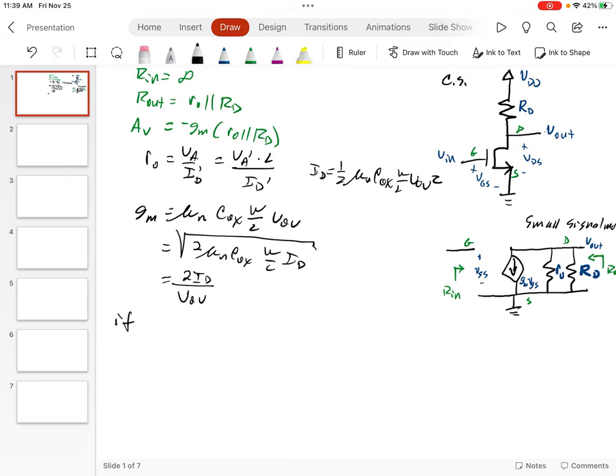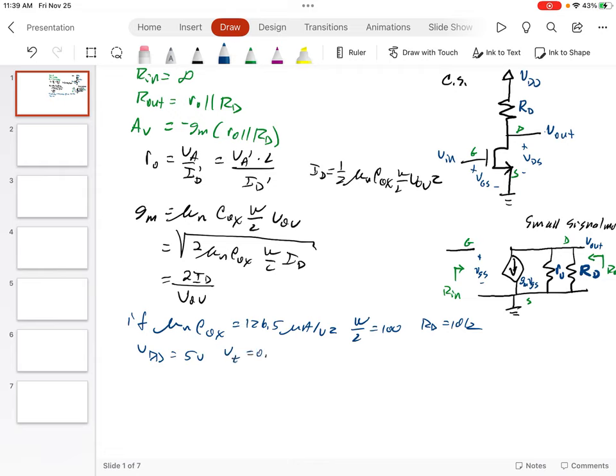I've got some room. If we let mu NC ox be 126.5 microamps per volt squared, and W over L is 100. It can be a big number. RD is 10K. And we have VDD equal to 5 volts.